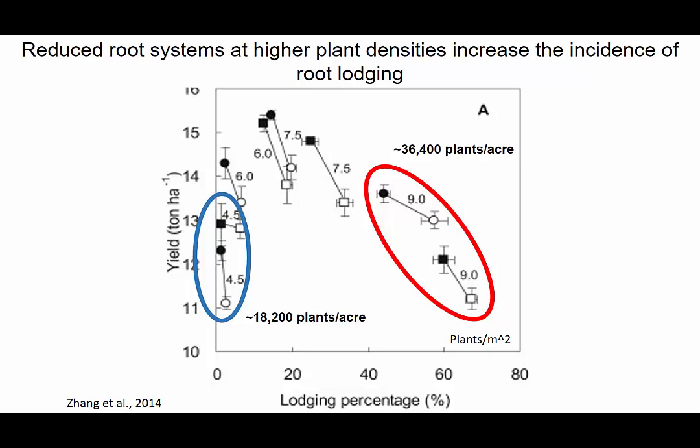But now when you hit this highest density in red of 36,000 plants, you can see that we have a massive drop-off in yield. And this massive drop-off in yield is due to this increased incidence of lodging. And it's thought that this is due to the establishment of the root systems, right? You're not getting enough root in the soil to establish a stable plant.